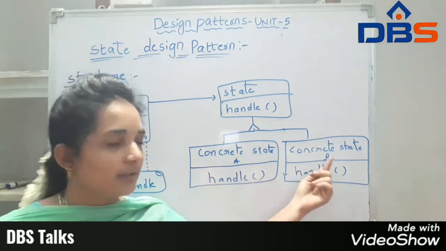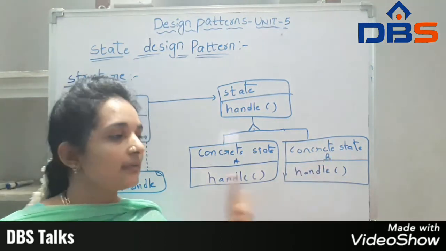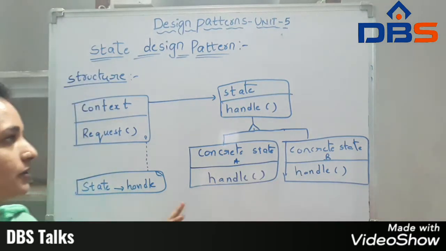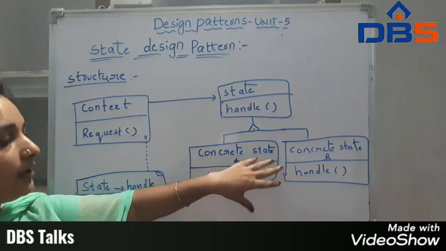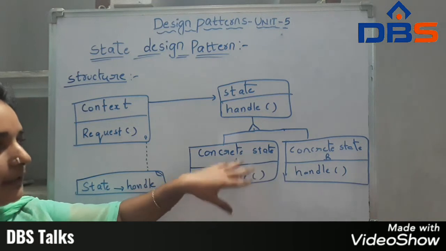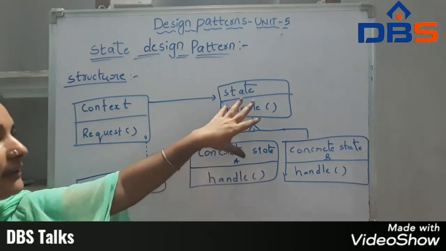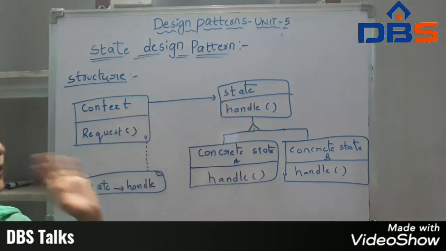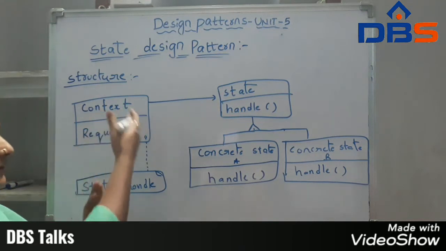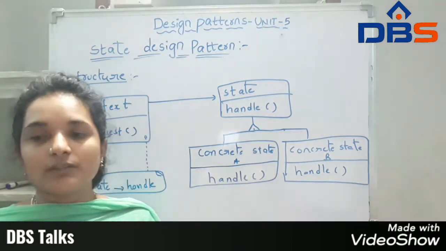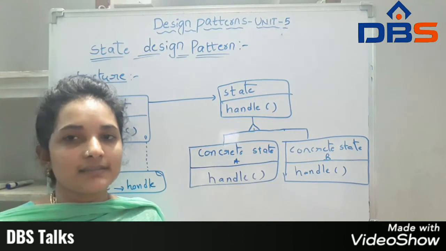If we select concrete state B, that will be performed. Whatever current state we select is given to the interface, the interface gives it to the context, and the context performs the operation. This is how the communication occurs in this structure.